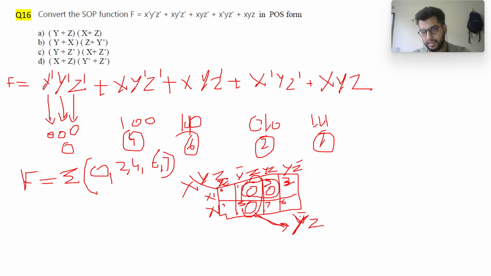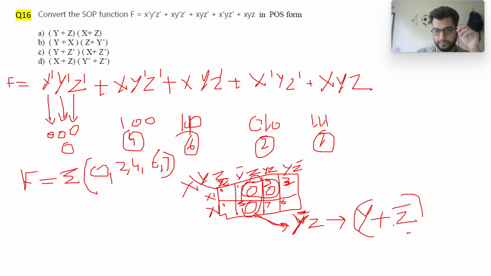So this can be converted to POS form. So what we have to do is take the first literal and take its complement. So y bar's complement is y, and then the AND operation gets replaced by OR operation. Then z, we have to take complement, so it's z bar. So it's y plus z bar.